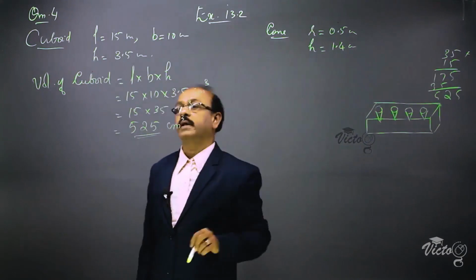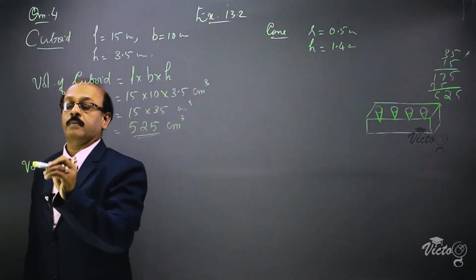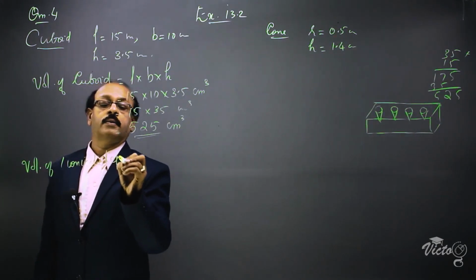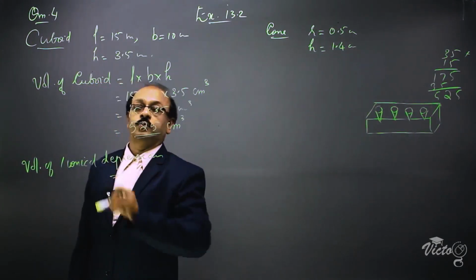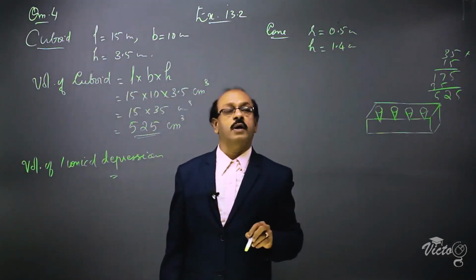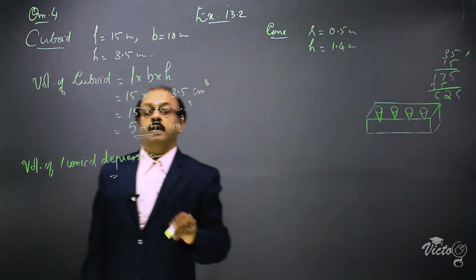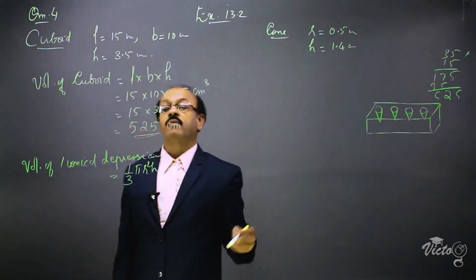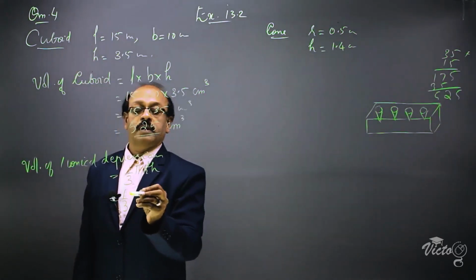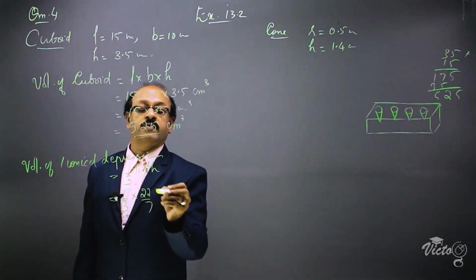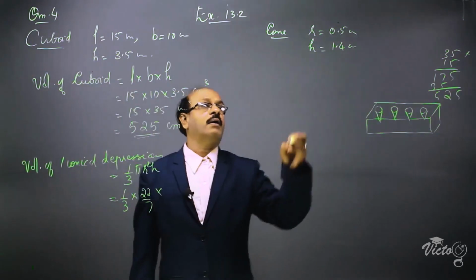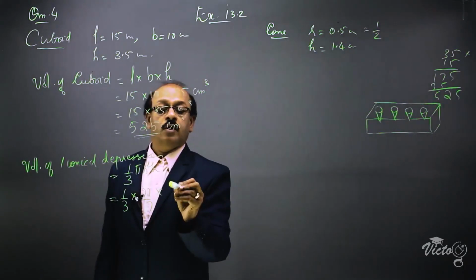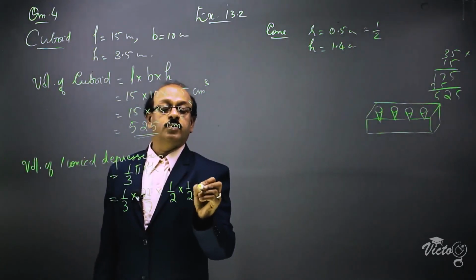Now, we are going to find out the volume of one conical depression. The formula for finding the volume of a cone is 1 by 3 pi r square h. Giving the values, it is 1 by 3 into pi, 22 by 7, into r square. Radius r is given to be 0.5, we can write it as 1 by 2. So it is 1 by 2 into 1 by 2 into h.